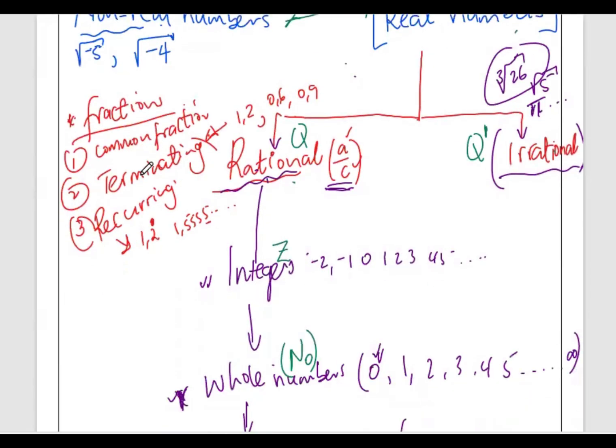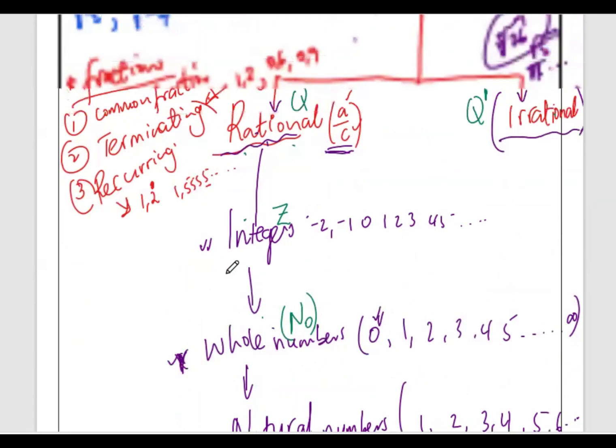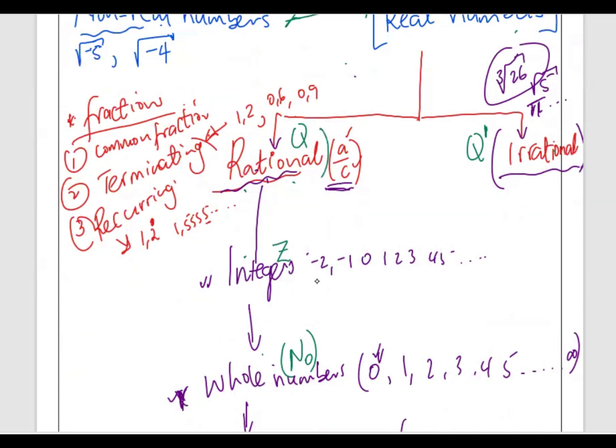And if it is rational, it can be an integer. If it's an integer, it can be a whole number, and then a natural number. Remember, with all these numbers, we don't have decimals involved. The decimals will specifically focus on the rational aspect.